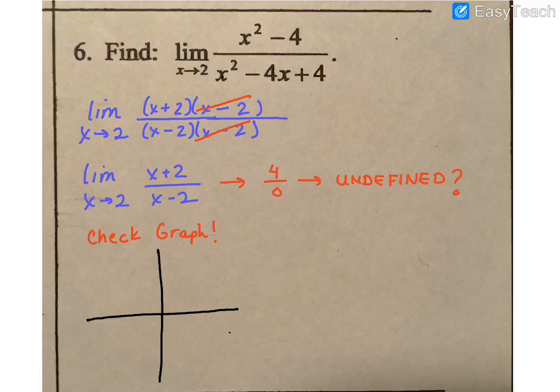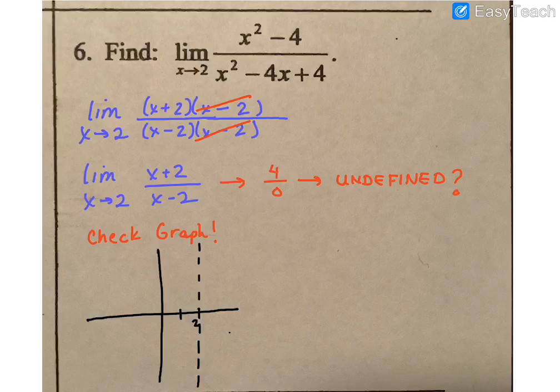But when you graph this on the graphing calculator, notice x minus 2 is my denominator. So I have a vertical asymptote at x equals 2. My graph on the right is a positive function.